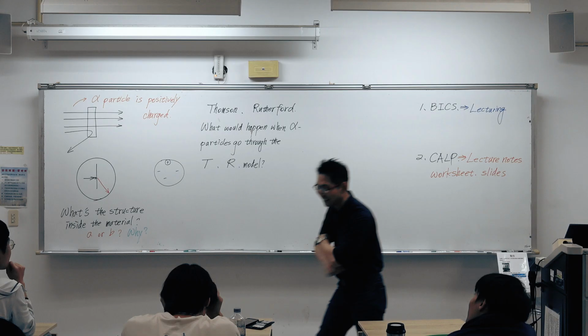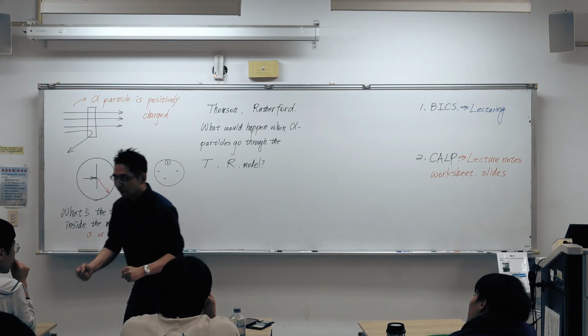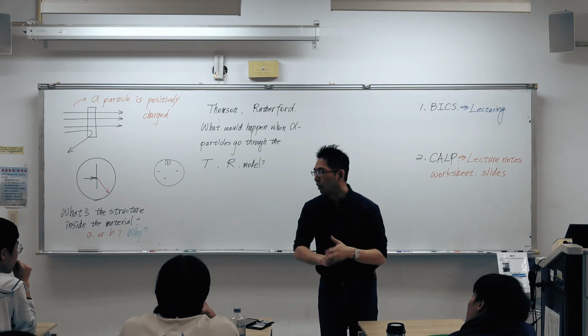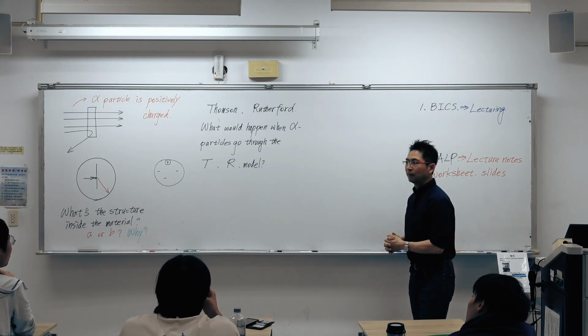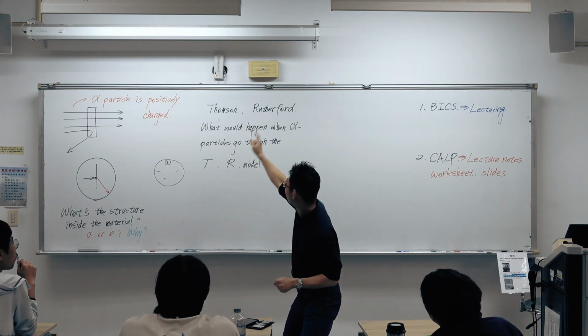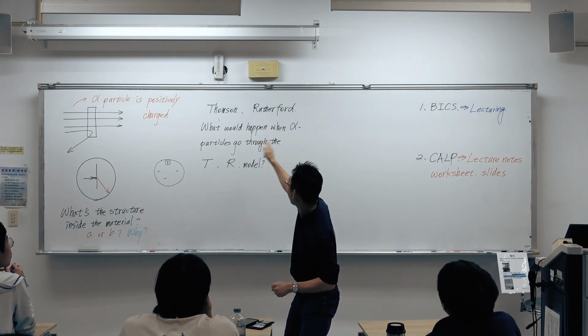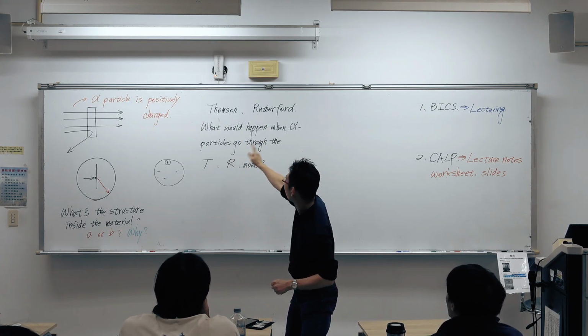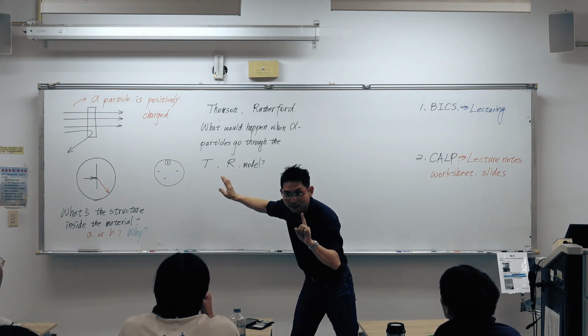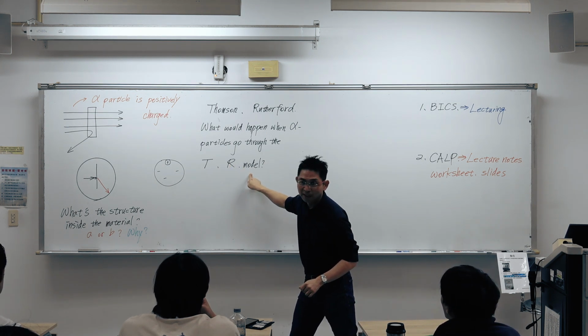Yeah, of course we do understand, but my question is, if I want to help students to construct that by themselves, what should we do? Oh. Yeah, so Julian just said that we just ask students to say what would happen when alpha particles go through the Thomson and Rutherford model, right? Yeah.